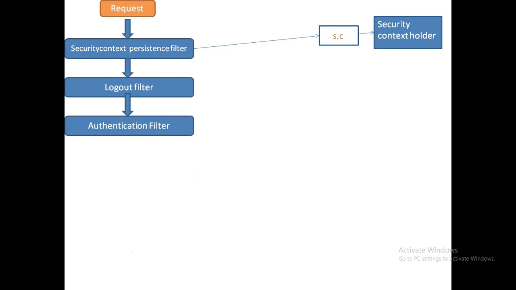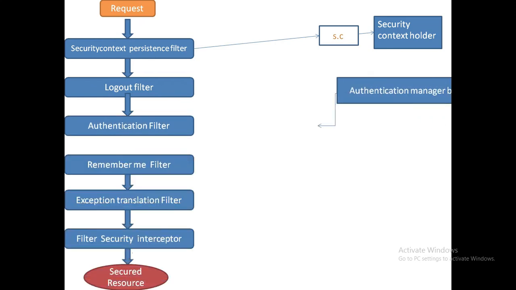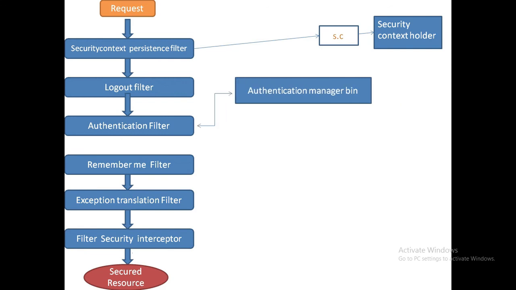So is it the request for the authentication filter? Yes. So the chain will break here, and it will not go to the remember me filter or exception filter. From this the authentication filter will forward this request to the authentication manager bean.